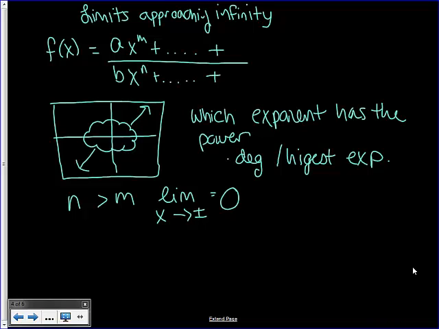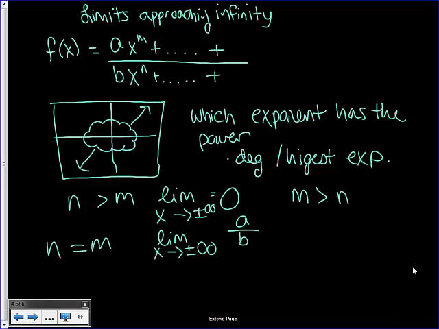Now, if they are equal, if my exponents share power, because they're the same, my limit as x approaches positive or negative infinity, keep in mind there should be an infinity there, will be my coefficients divided, a over b. Now, if my numerator has the power, and it's bigger than my denominator, my limit as x approaches positive or negative infinity does not exist. Okay?